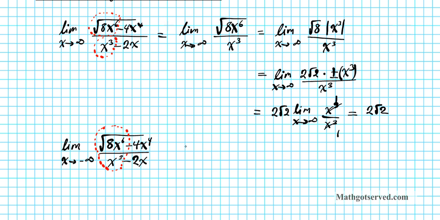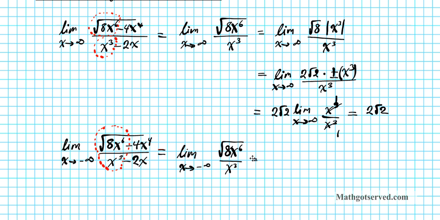All right, so let's extract them. And now this problem becomes the limit as x approaches negative infinity of the square root of 8x to the 6th divided by x to the third.